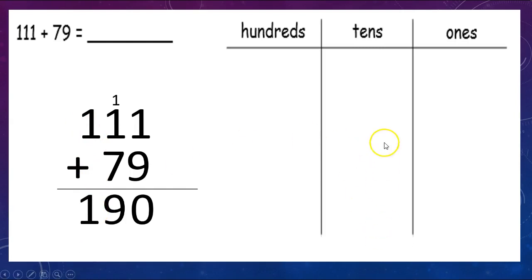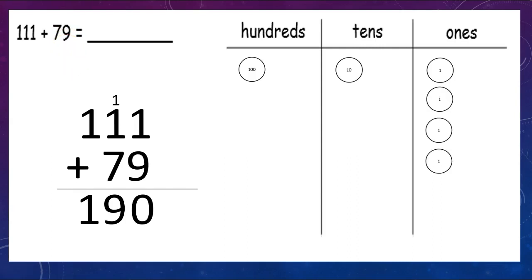Now let's use our place value discs to help us solve this. First we need to put in the 111. How many ones do we have? 1. How many tens? 1. And how many hundreds? 1. Plus 79 more. How many more ones do we need to add? 9. Let's add them.